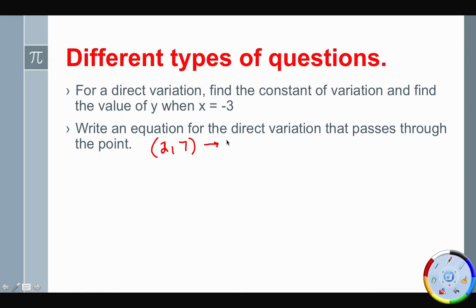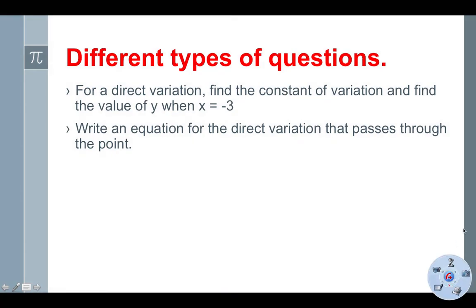I need to find the k value, so k, we know, is y divided by x, so in this case it's 7 divided by 2. So therefore we can say y is equal to 7 over 2 x. And that's actually it. That's as easy as this one gets. I mean, there's nothing else we can do about it.